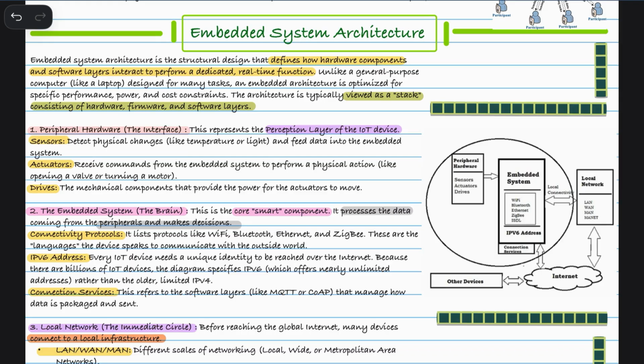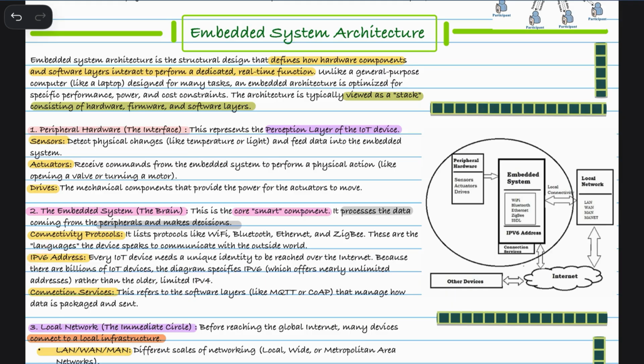Connectivity protocols are the system languages used to talk to the external world. Depending on the range and power limit, it selects whichever is required. For example, for a short range you might opt for Bluetooth or Zigbee, or for a long range option you might opt for Wi-Fi or Ethernet, right?